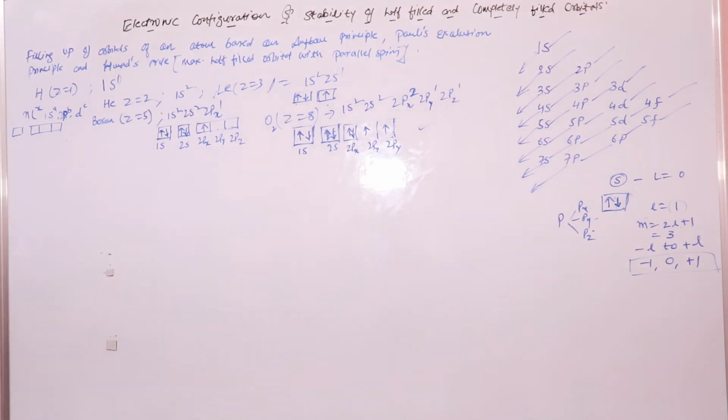Now suppose you want to write the electronic configuration for some ions. Let's say the hydrogen ion. If you remove one electron from a hydrogen atom, it will become a proton.